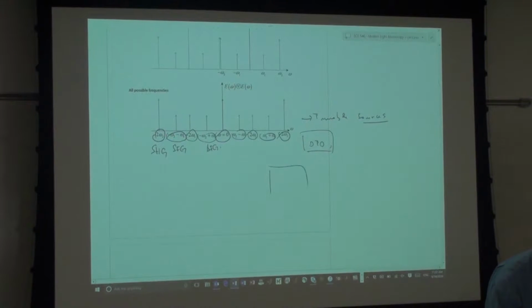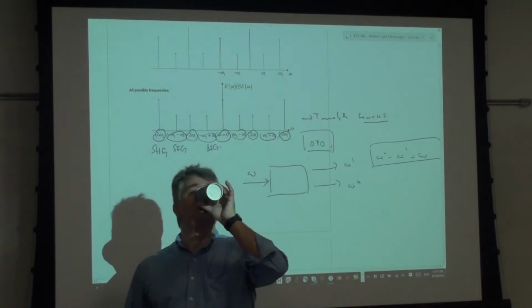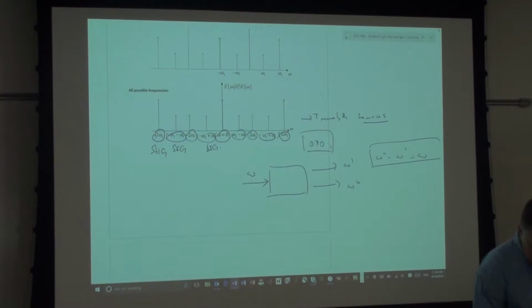So if I have a crystal and I put omega in it, I can get out omega prime and omega double prime, such that omega double prime minus omega prime equals omega. Actually, no, you want the sum. So you can make up the original frequency that you put in by a summation of the two. It's the exact opposite of this one.